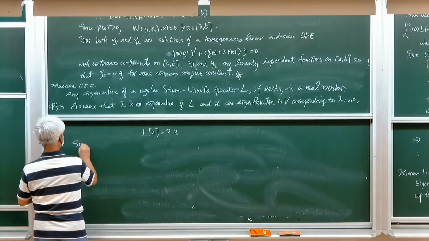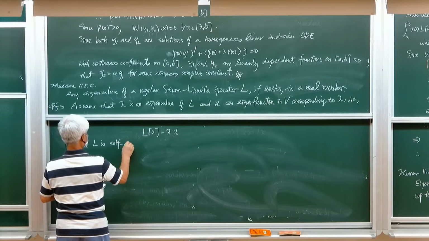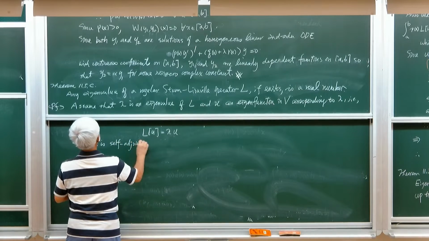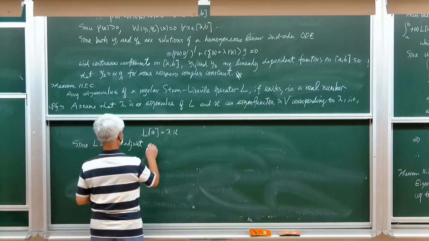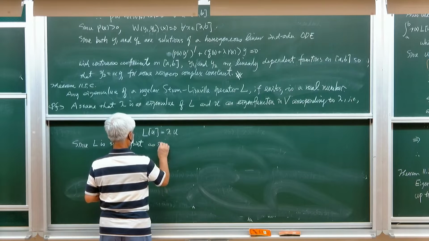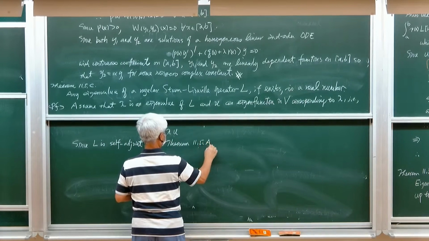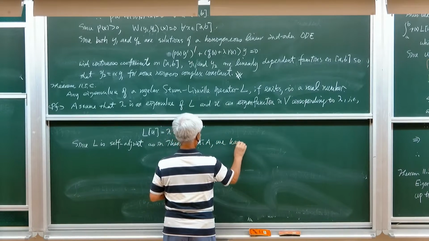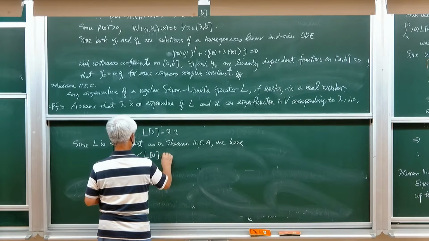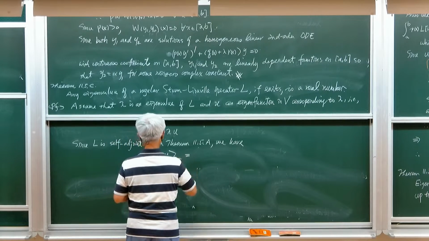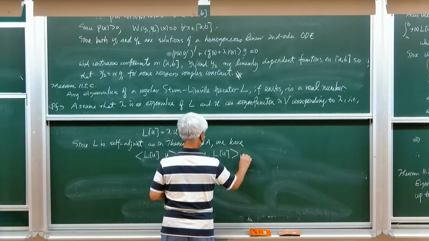Now since L is self-adjoint, as in theorem 11.5.8, we have the inner product of LU with U equal to the inner product of U with LU.